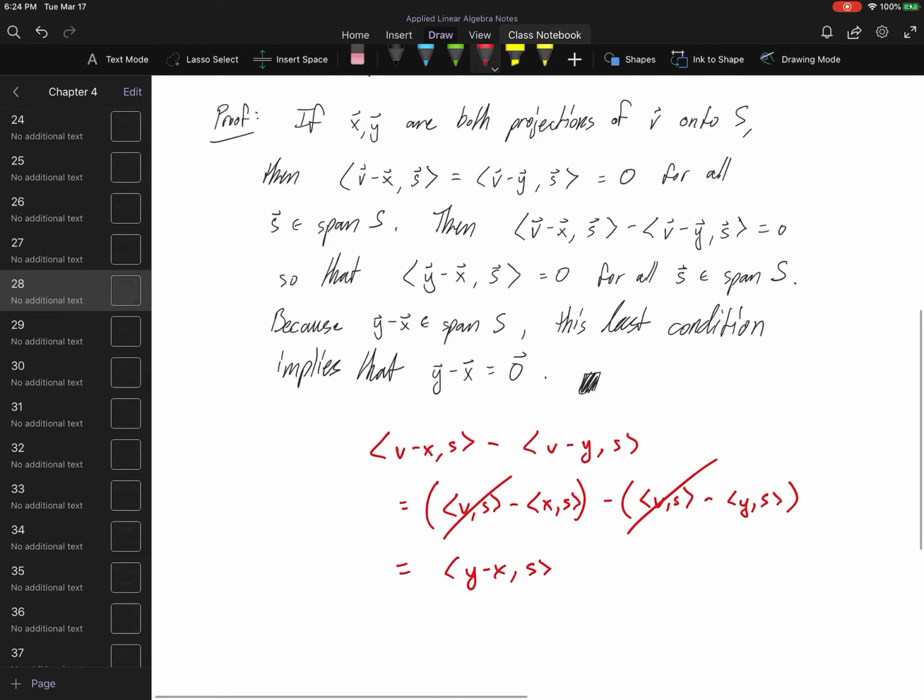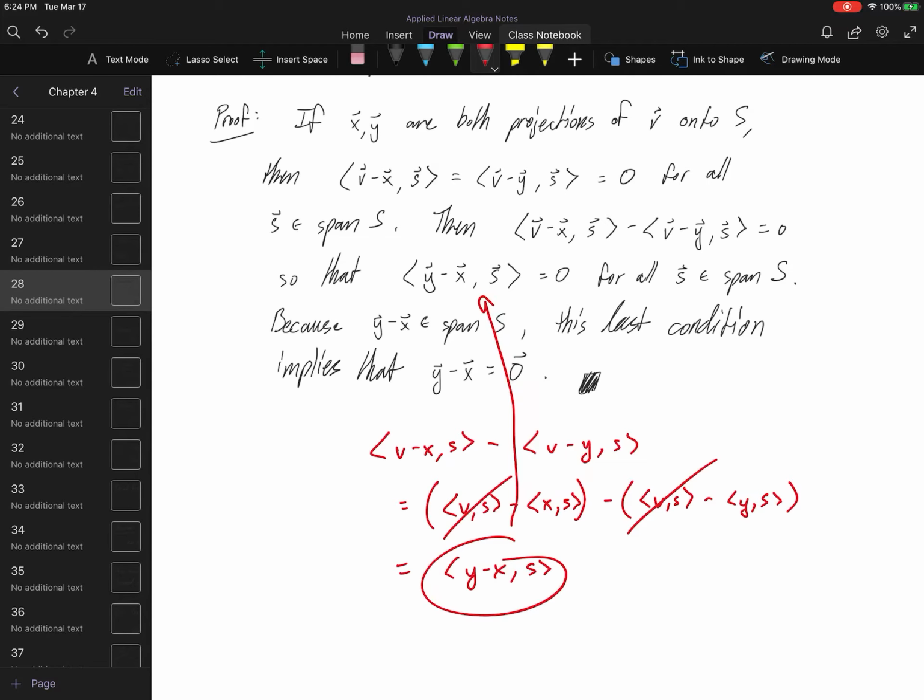And notice, I get a cancellation in these two terms, and the thing that's left now is y minus x inner product s, where I can recombine with linearity, and that's exactly this term right here. And I know that that has to be 0 for every element in the span of s.